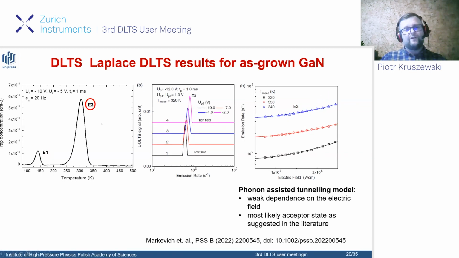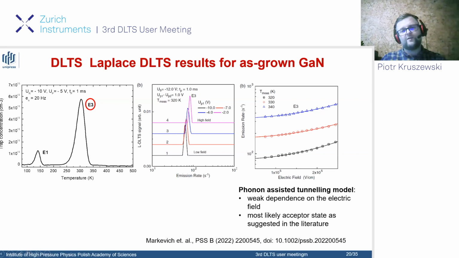A similar analysis we performed also for the E3 trap level, which is iron on gallium, as I said before. And again, we applied the double Laplace DLTS technique with 2 different pulses. And you can see that this effect is not pretty large.